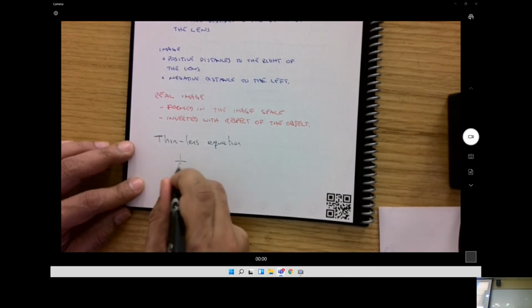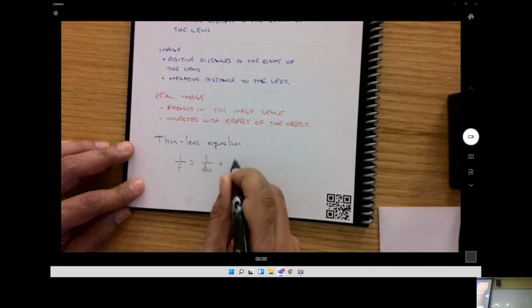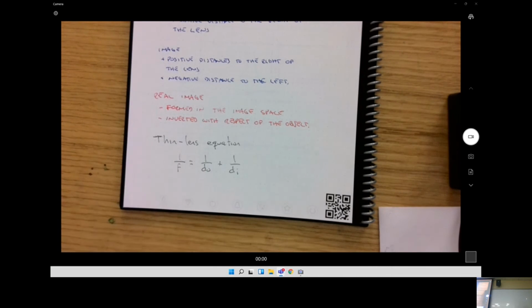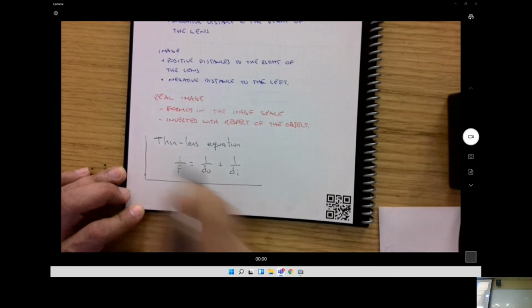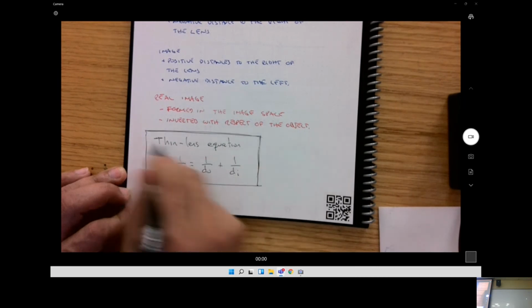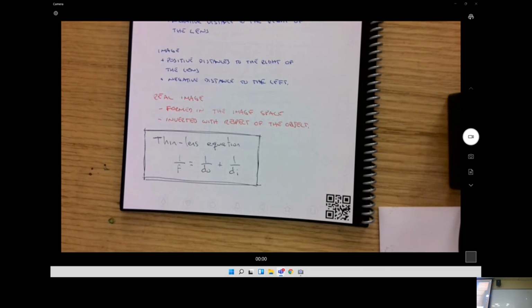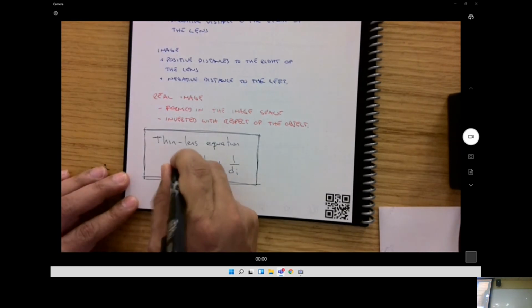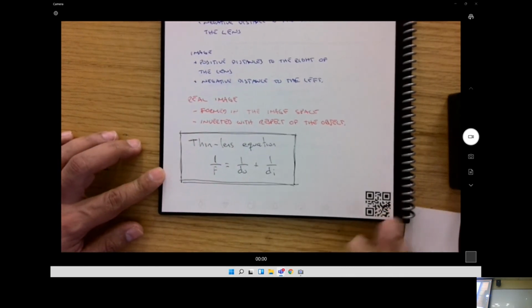It's basically that the inverse of the focal length is going to be the sum of the inverse of the distance to the object plus the inverse of the distance to the image. Yeah, that's not a negative, that's just a smudge on the screen.